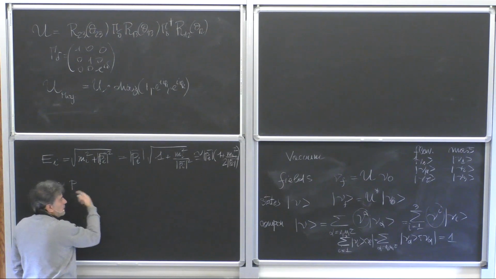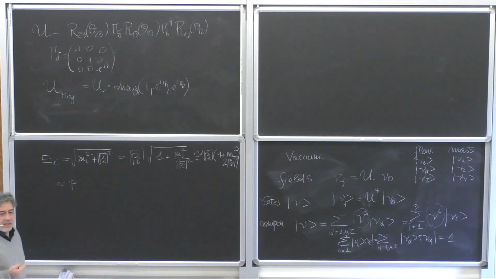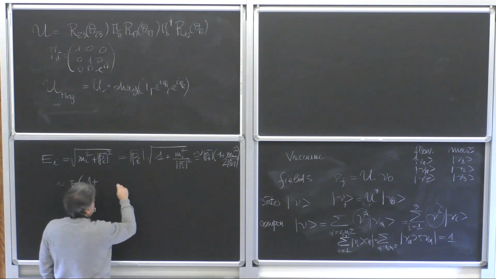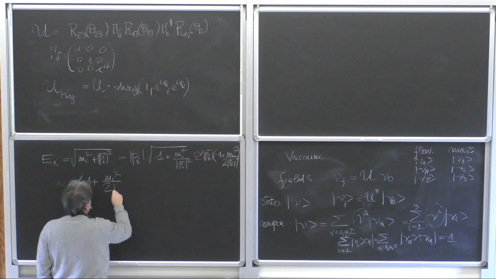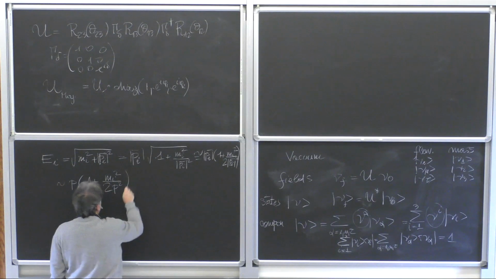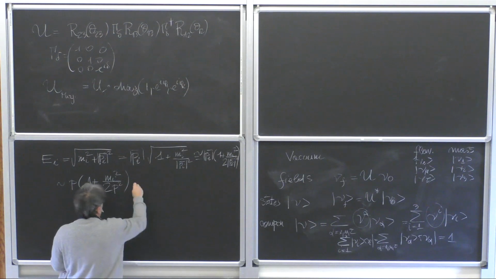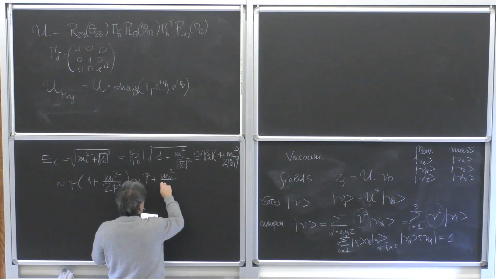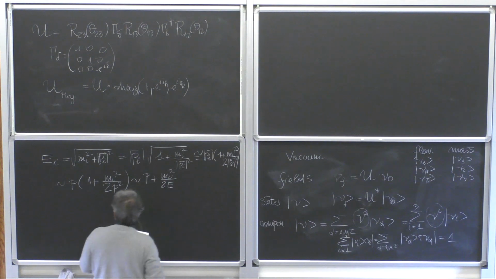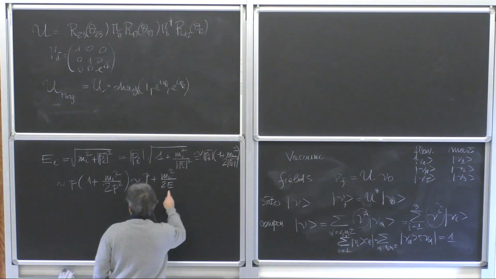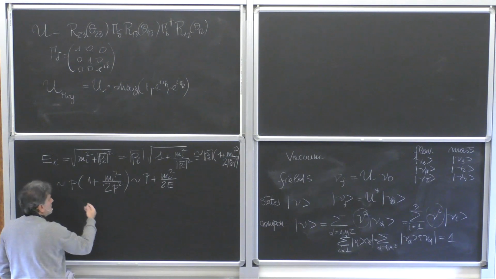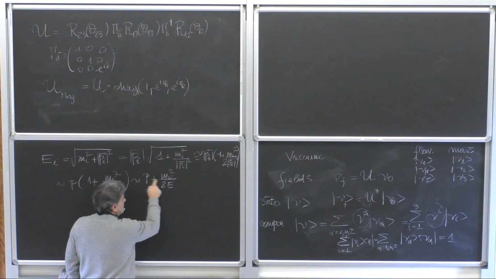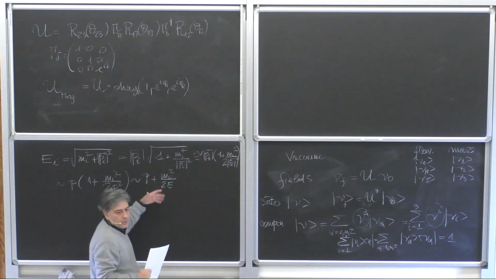So we will use P for all mass eigenstates, that is approximately the same, and to the same approximation order we will write P plus mi squared divided by 2E. So P simplifies, and neglecting terms of the order of mi squared divided by P squared, we can trade P for E. In the oscillation formula, this is an approximation that we will use.